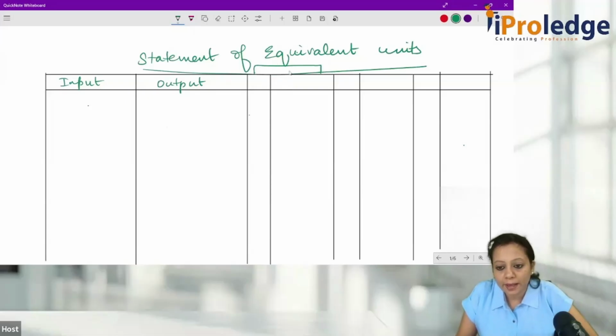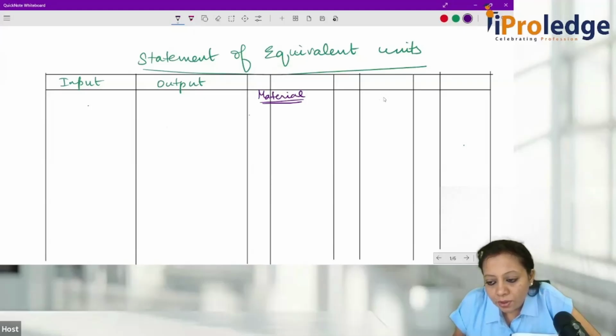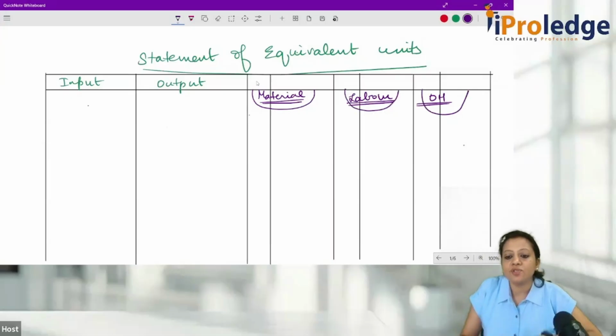I'll write it in a different coloring. These two columns are for material. These two columns are for labor. And these two columns are for overheads. So like that, we should understand. I hope nobody has any confusion.